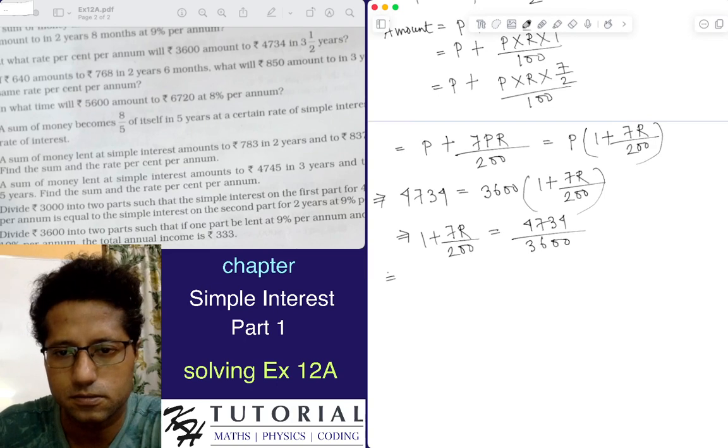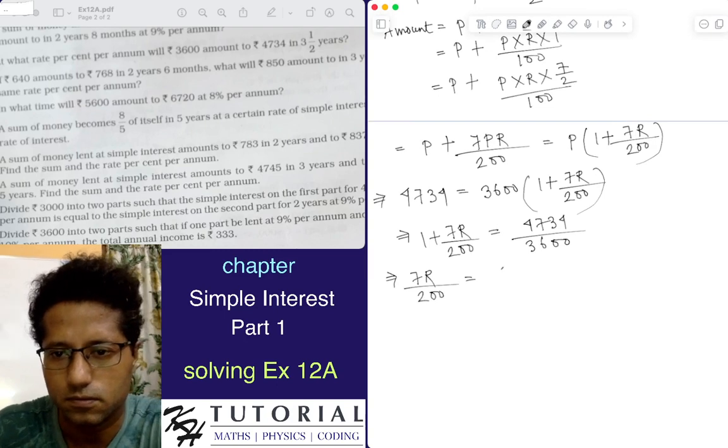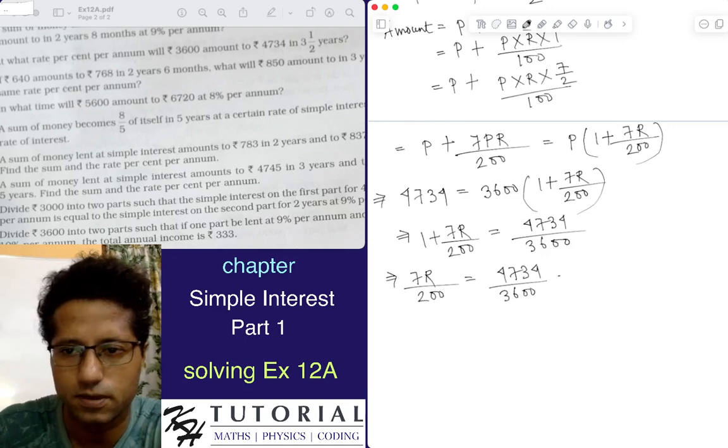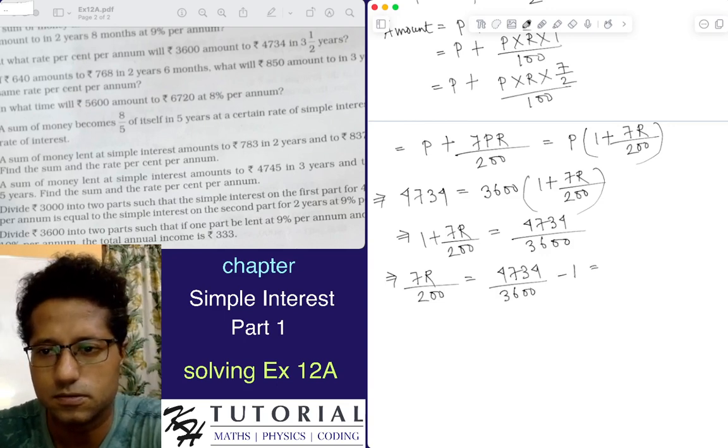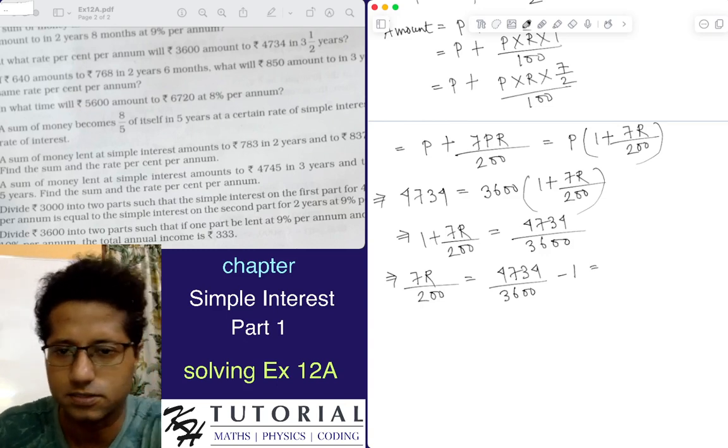This implies 7R by 200 will be equal to 4734 divided by 3600 minus 1. We have taken the 1 to the right hand side.